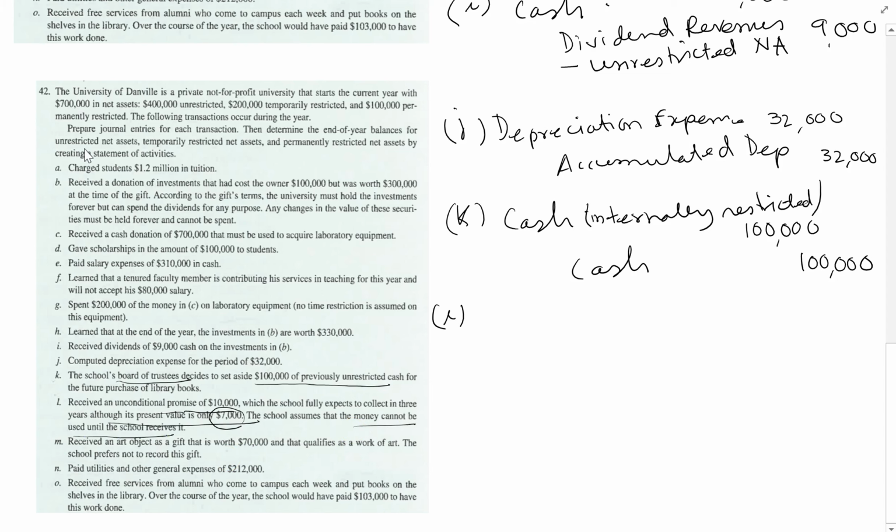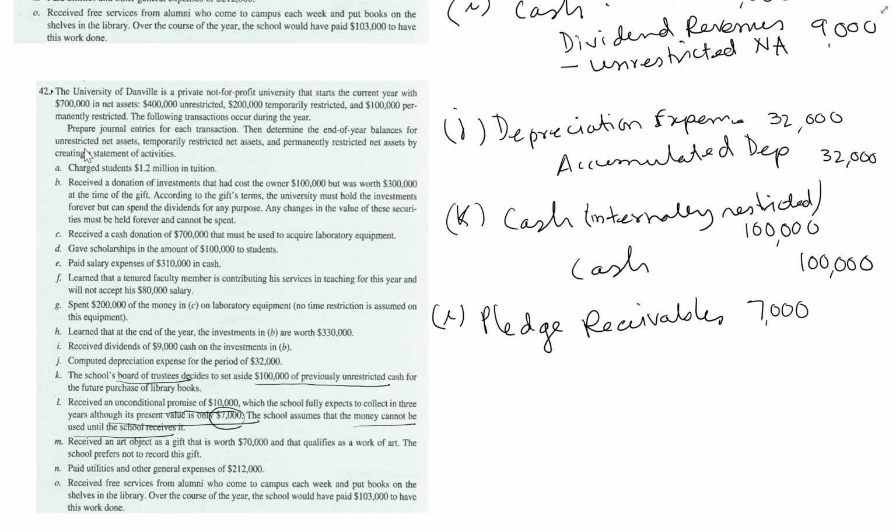So it's also a temporary restriction. The school will receive it and then the school will use the money. So what we're going to do, we will debit pledge receivable, and again we'll record it at the present value, which is $7,000, and we will show it as part of our temporarily restricted portion.